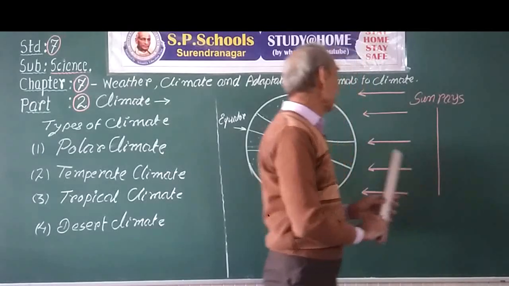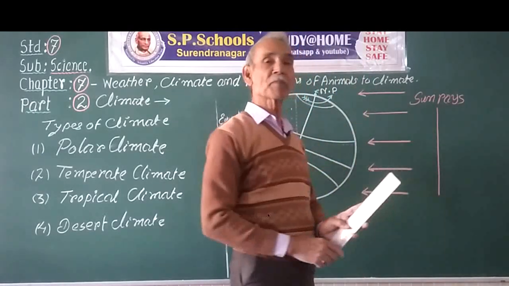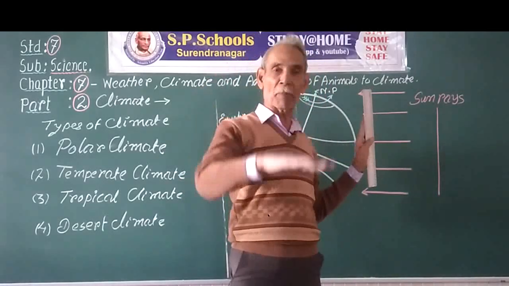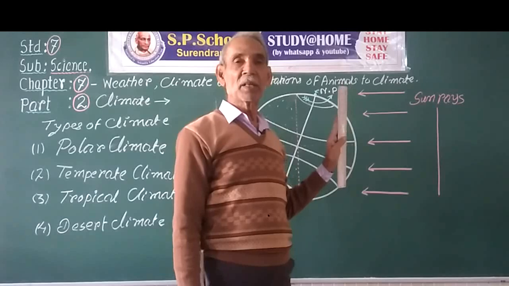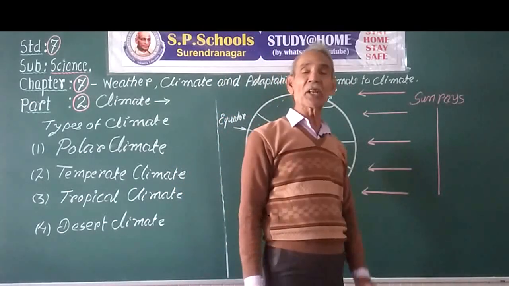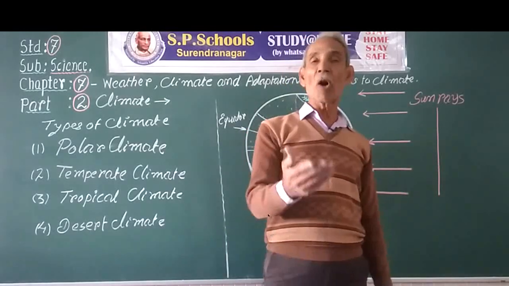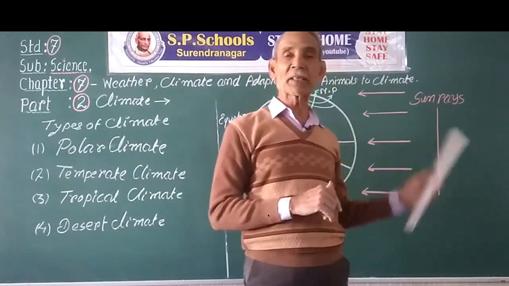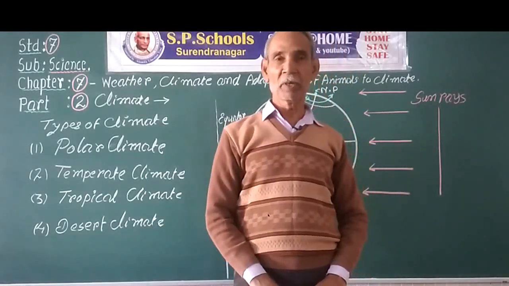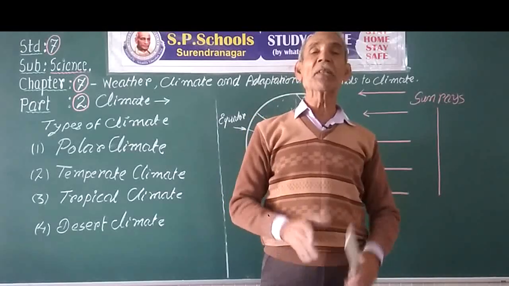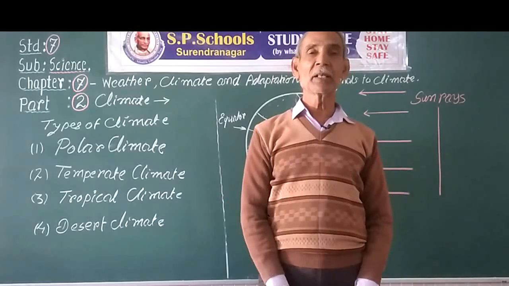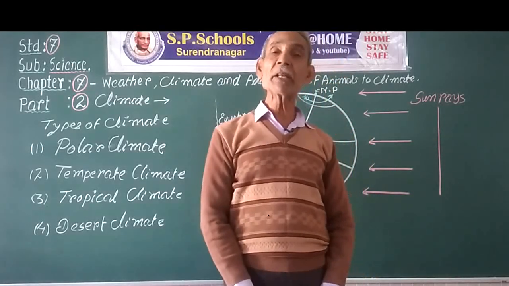Now, if we consider the sun rays, the straight sun rays perpendicular to the surface impart more heat compared to the slanting sun rays. In the morning and evening, when the sun is rising or setting, it is not very hot. But at noon, when the sun rays are perpendicular to the surface, we feel very hot.